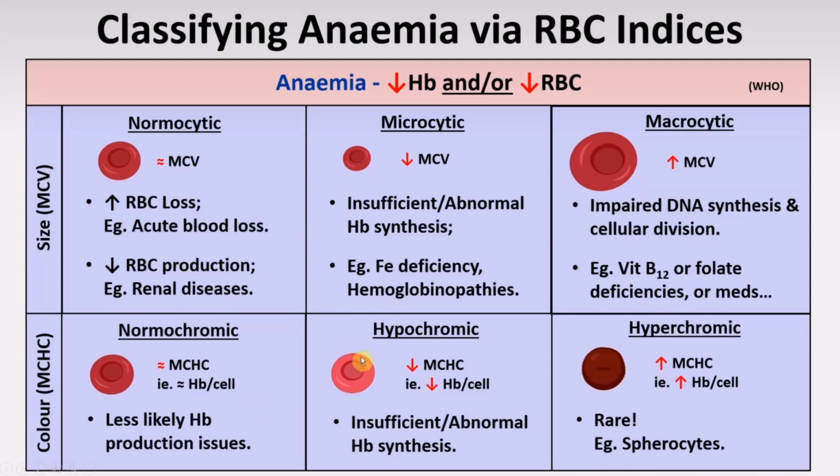Right? It doesn't appear in biconcave shape; it appears in a round shape because in certain congenital diseases, the red blood cells have a mutation of a protein on the outer membrane that causes the red blood cells to lose their biconcave shape. It appears round in shape, and hence it can squeeze more hemoglobin into the cells.